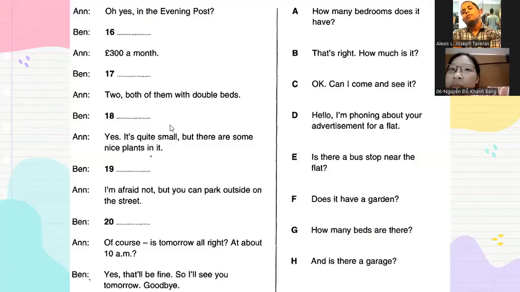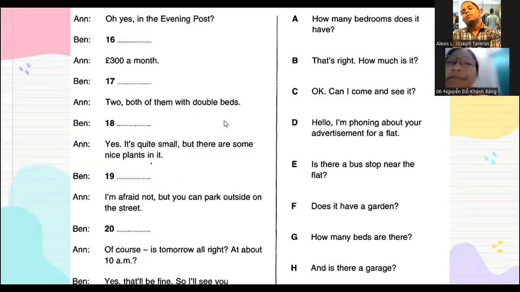We need to complete the right phrases with the blank spaces that we have here. For example, oh yes, in the evening. Then you're going to find the best answer. Oh yes, in the evening post.